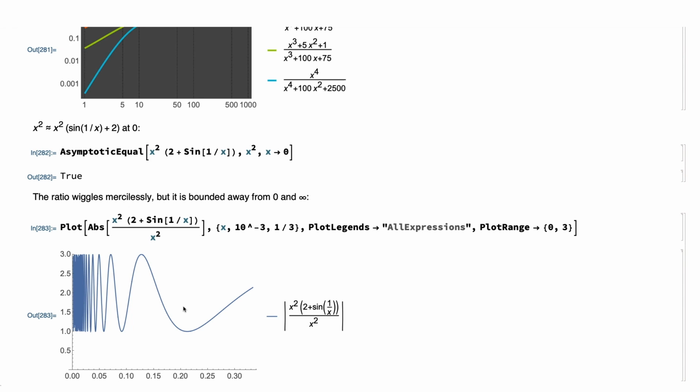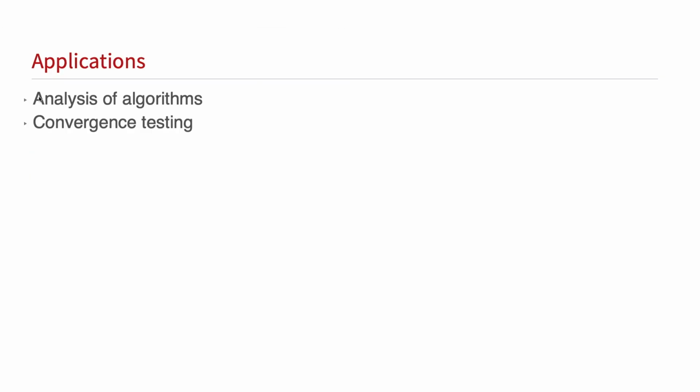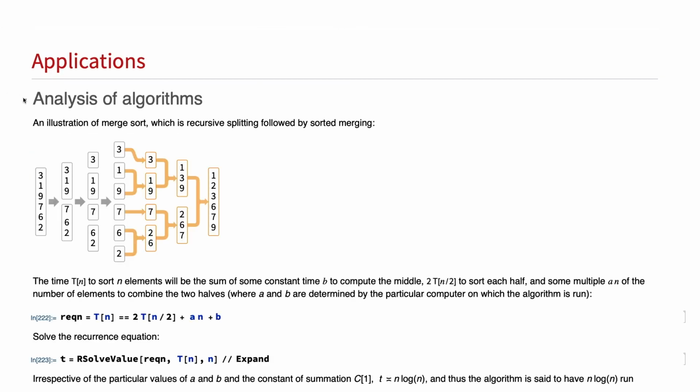Now, here's a more interesting case. So x squared is asymptotically equal to x squared times (sine of 1 over x plus 2) at 0. That is true. And if we look at the plot of their ratios, it wiggles mercilessly as we get closer and closer to 0. That's okay, because it's bounded away from 0 and it's bounded away from infinity, right?